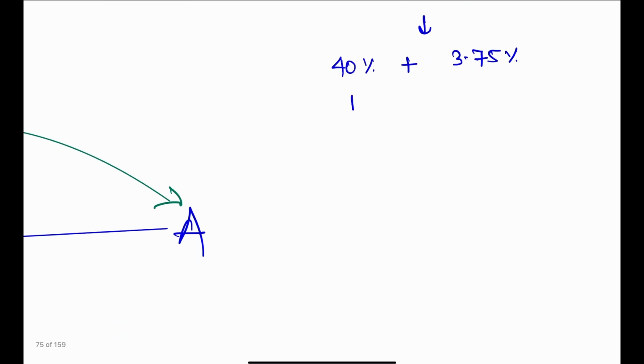So 40% in fraction terms is 2 by 5. 12.5, half is 6.25, 6.25 half is 3.125. So this one is also not working.